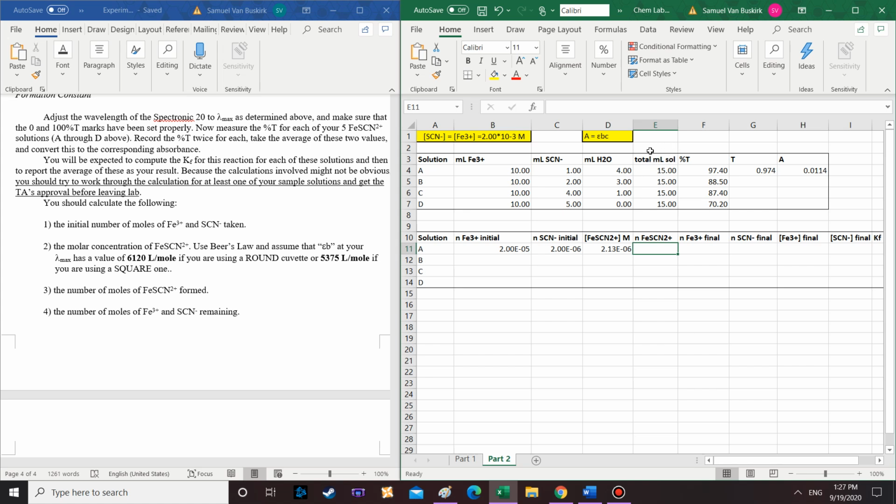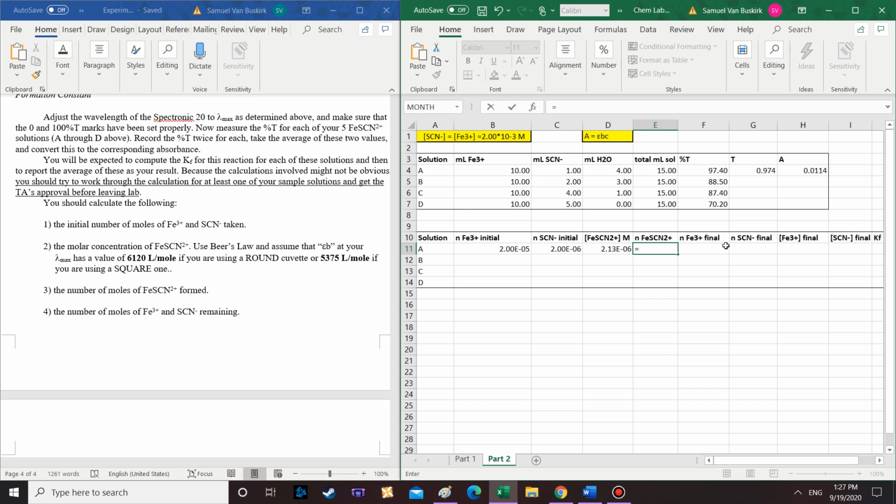This is why I added this column up here: it was given to us from this document and what you did in the lab. I added up all of these volumes, and all of them came out to 15 milliliters of solution. So we're going to use that to calculate the moles of product in solution A.